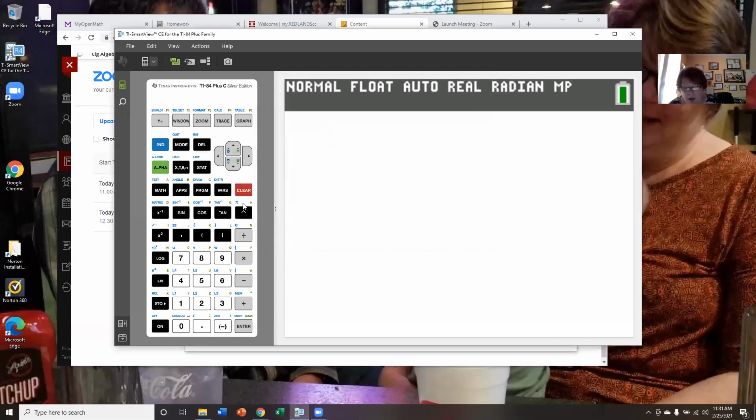Okay. So I'm going to do this calculation on my calculator. I'm going to evaluate this function at 4, and I'm going to evaluate this function at 0.